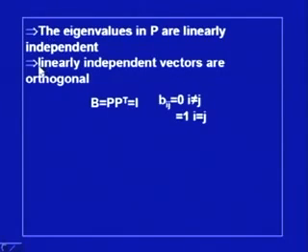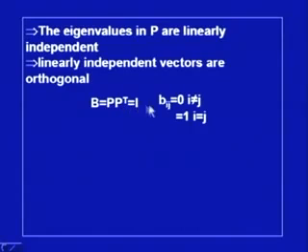So this implies that the matrix B, which is the set of eigenvectors P multiplied by P transpose, is equal to I.